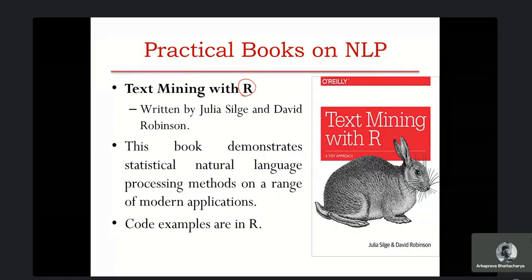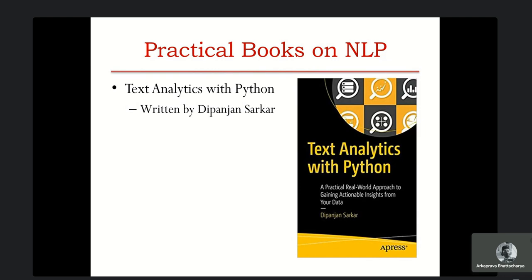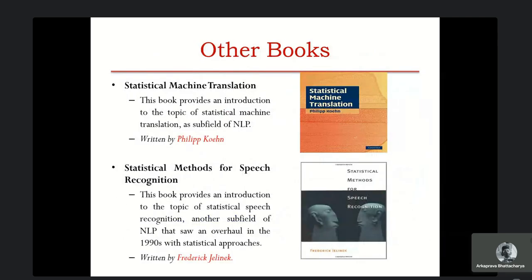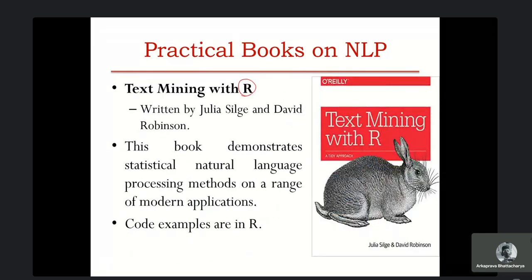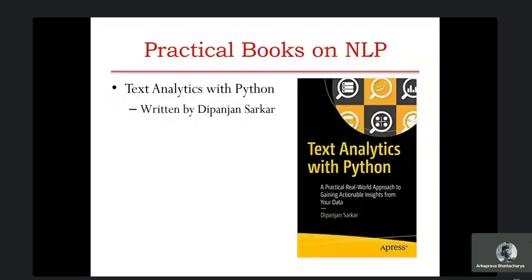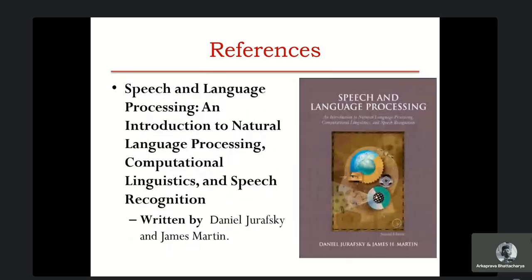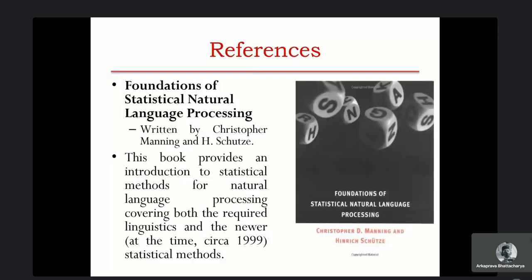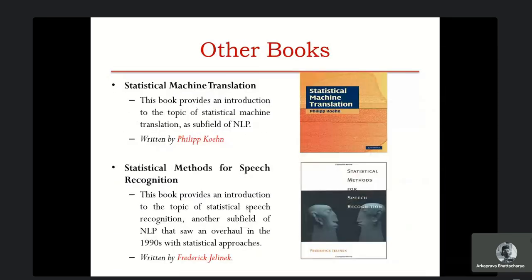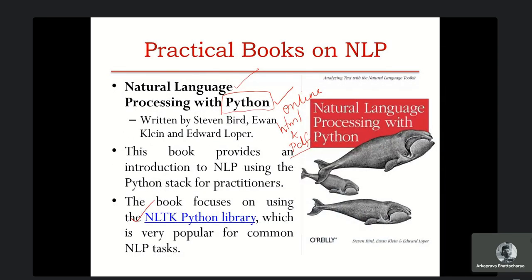Another book is Text Analytics with Python, written by Dipanjan Sarkar. So these are four practical books which I have introduced to you. You can go through these books. Apart from this, there are other reference books for the theoretical part. So this is all about natural language processing.